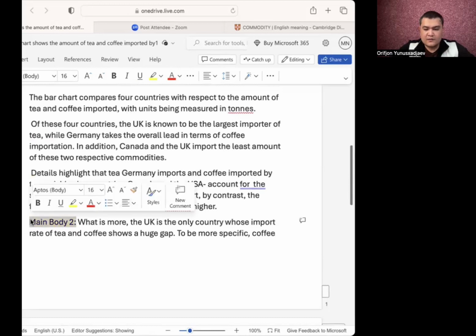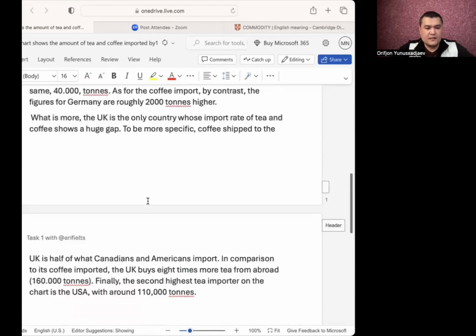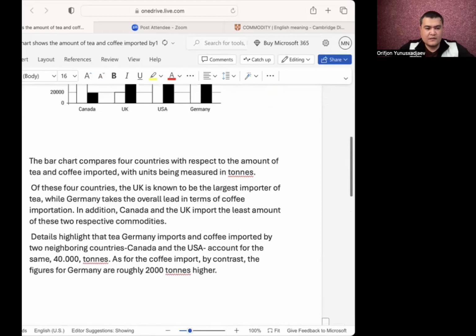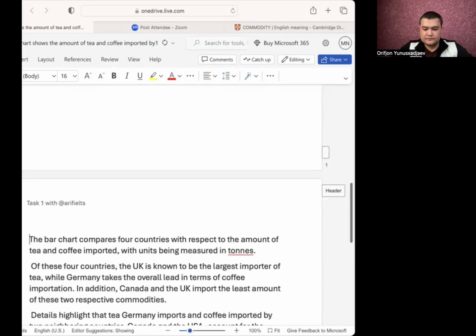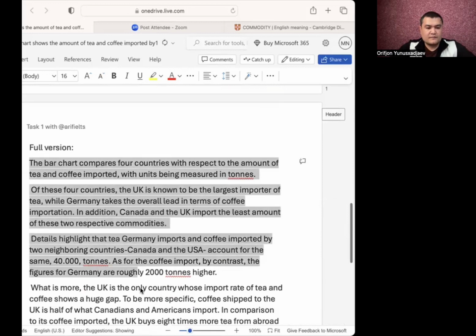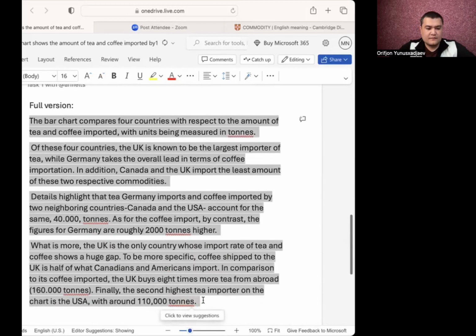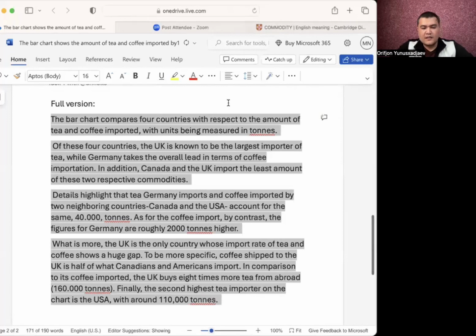Main body 2. All righty. So we wrote 171 words.